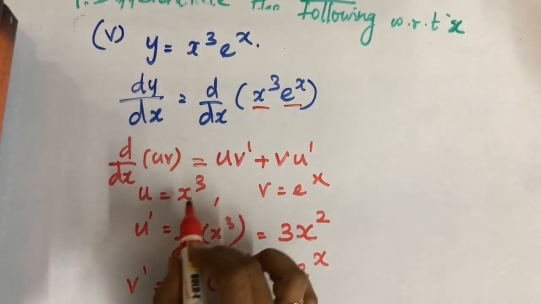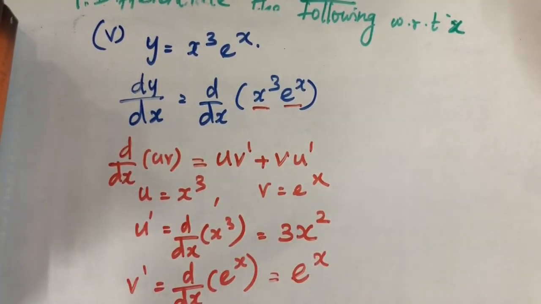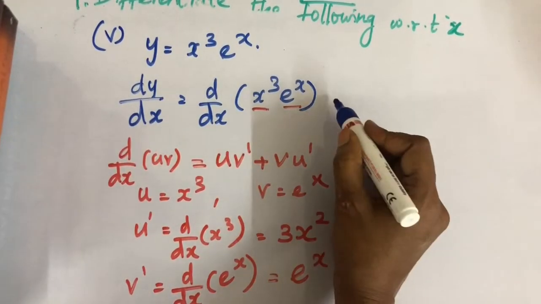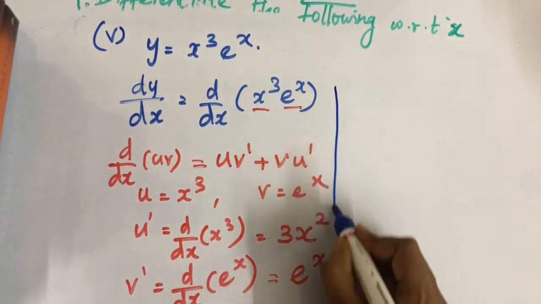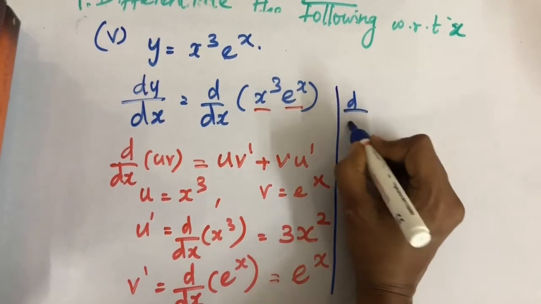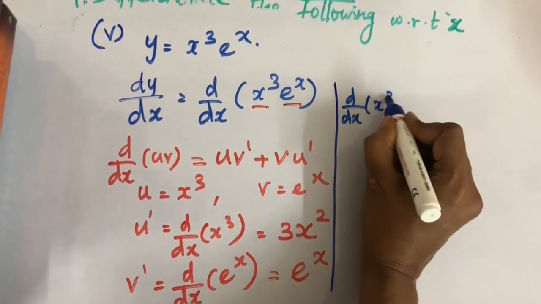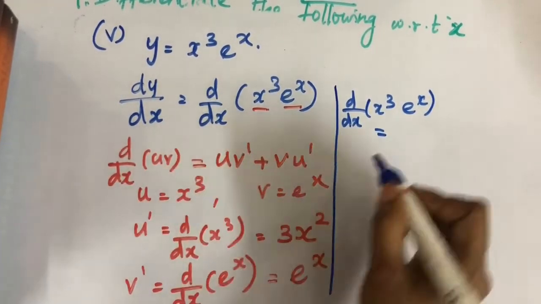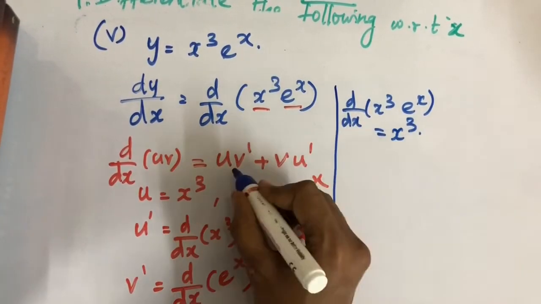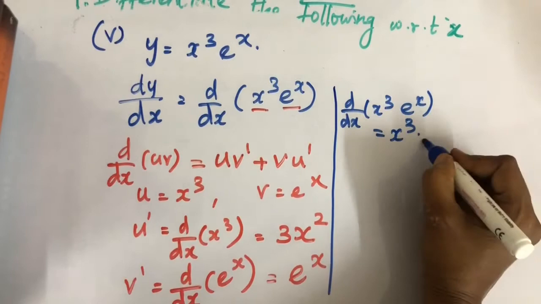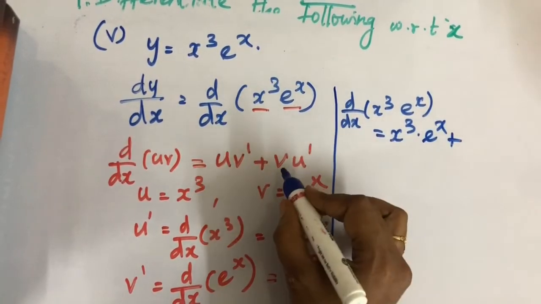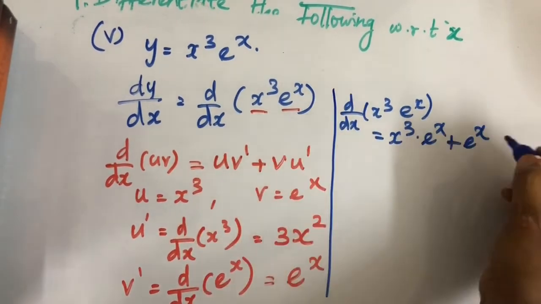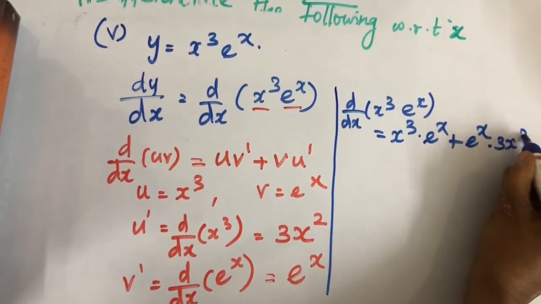Now we have calculated u dash and v dash. Now we can write it directly here. So d by dx of x cube e power x is equal to u v dash, u is x cube, v dash is e power x, plus v into u dash, v is e power x, u dash is 3x square.